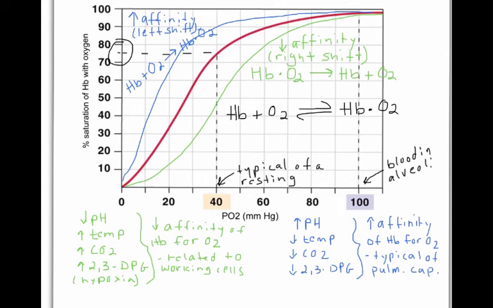So when we have a right shift of the curve, we have a tendency to move the reaction, let me get a pointer, in this direction. And when we have a left shift, we have the tendency to move the reaction in this direction.